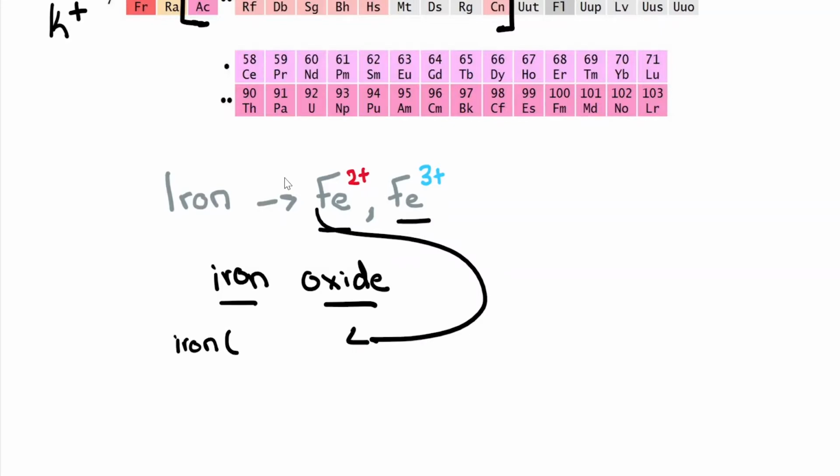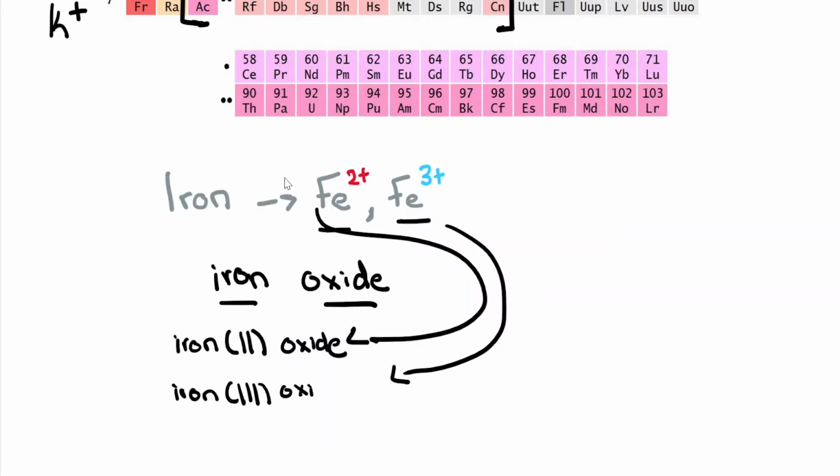To indicate the 2+, I would include 2 in Roman numerals surrounded by brackets, and then oxide: iron(II) oxide. And say I were to do it for the iron 3+: iron(III) oxide. All right, so these Roman numerals distinguish between the different ionic charges that iron can have.